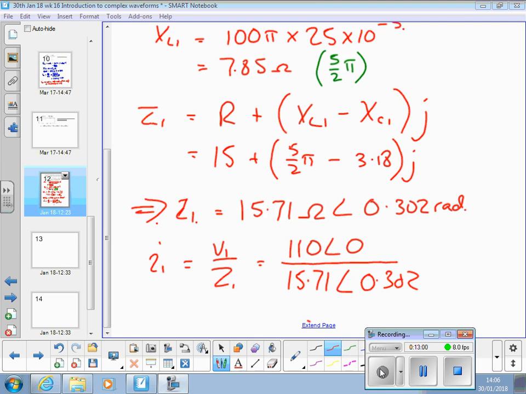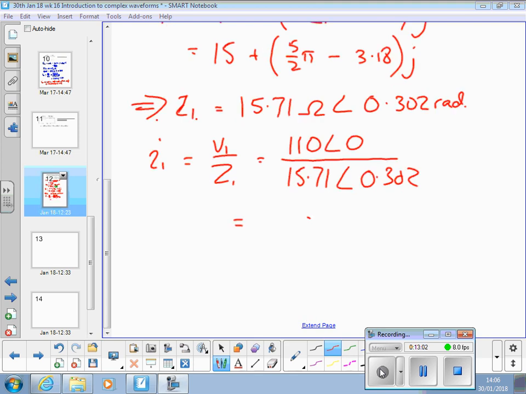And the result is... Hang on, angle of what? Minus 0.302.